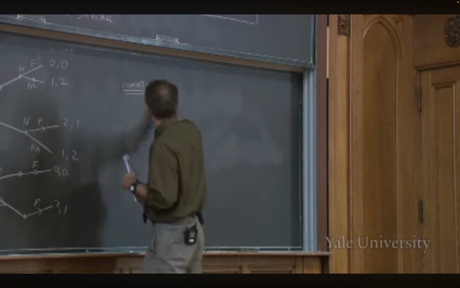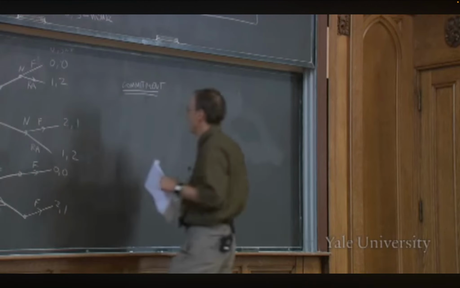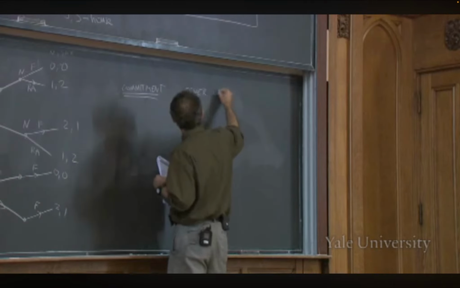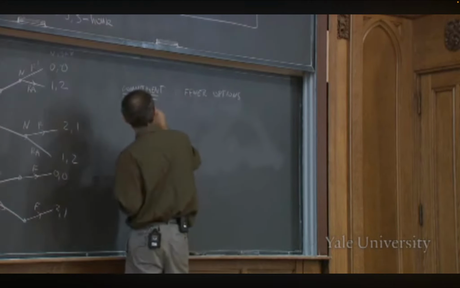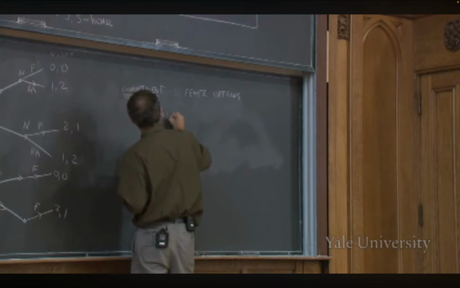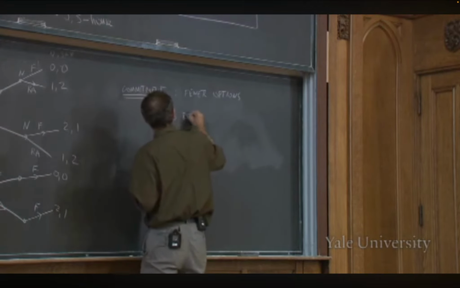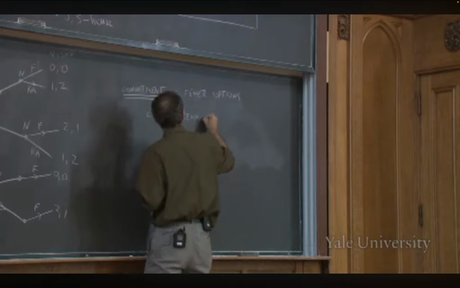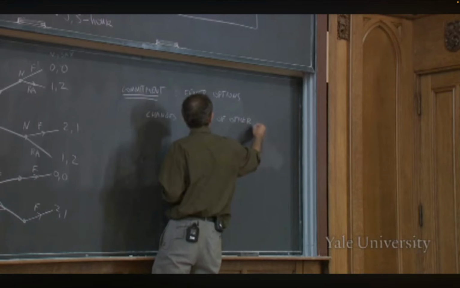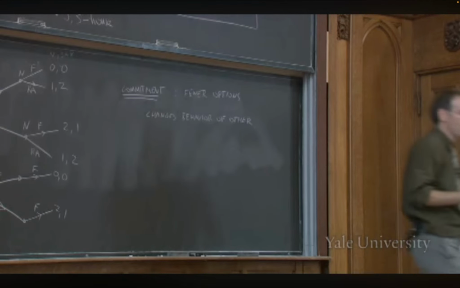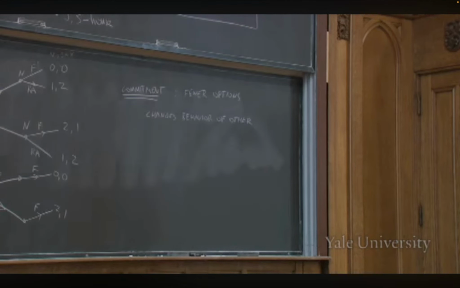It's a commitment, and the way it works is, this example of a commitment is actually to have fewer options, and it changes the behavior of others. If it didn't change the behavior of others, it wouldn't be worth doing. All right.